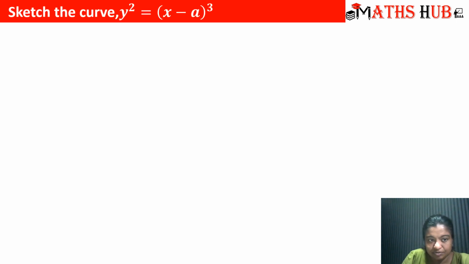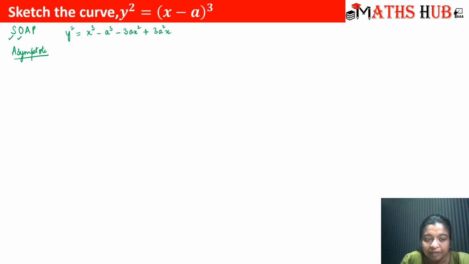Now let's talk about the asymptotes, right? So under the category SOAP, we have seen what is symmetry, what is origin, and now let us talk about asymptote, right? So now let's see that the curve was y square is equal to x cube minus a cube minus 3ax square plus 3a square x, right?